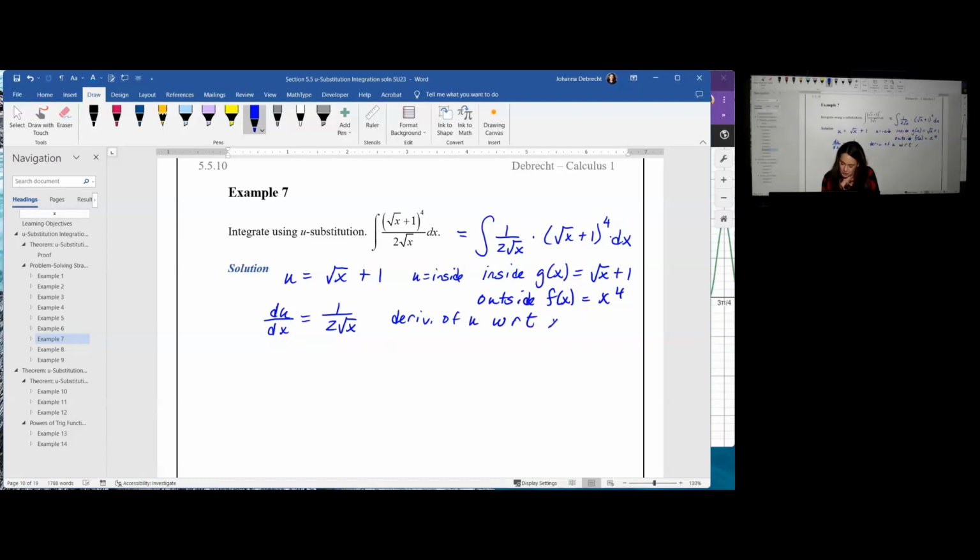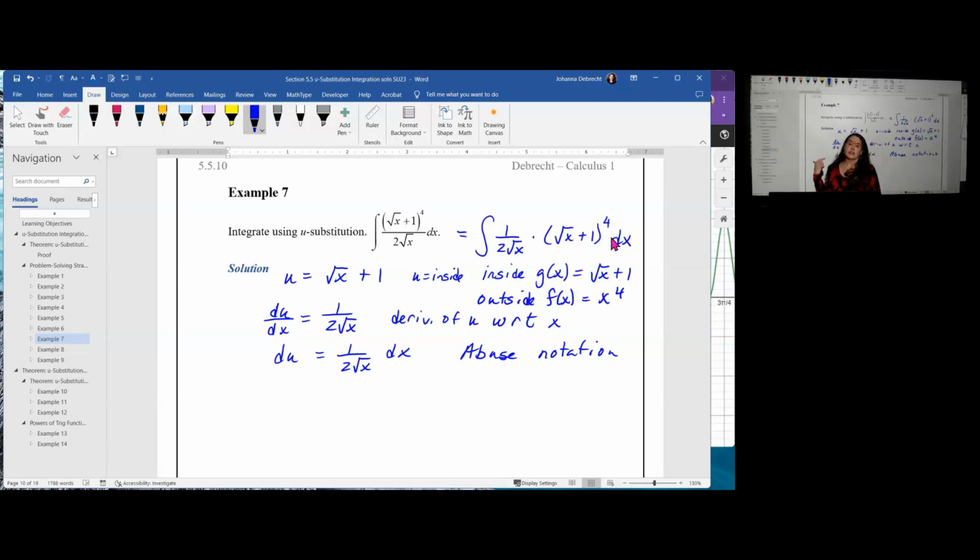WRT stands for with respect to. Then I abuse the notation and swing the dx around and solve for du. Finally, I go ahead and substitute in place of u and in place of the remaining factors.